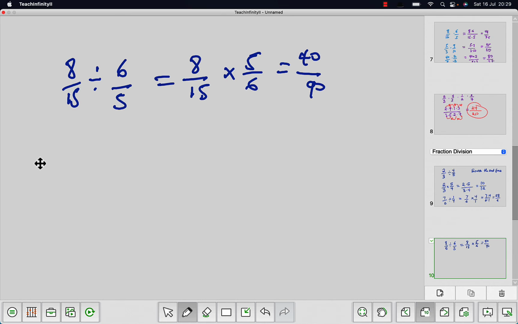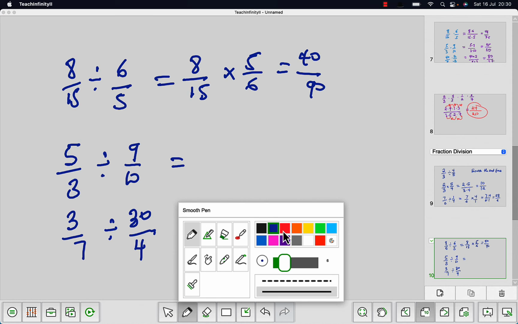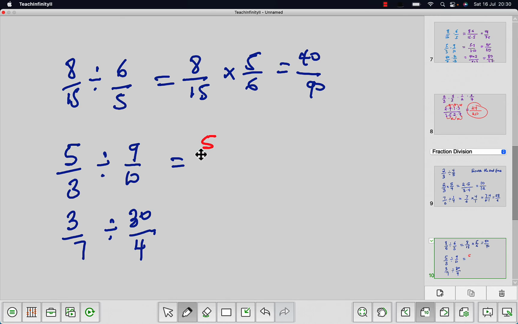So I'm going to write this question and I will give you a minute to solve it. 5 over 3 divided by 9 over 10. Then I'm also going to give you 3 over 7 divided by 30 over 4. I hope you were able to solve it. This is going to give you 5 over 3 times 10 over 9.